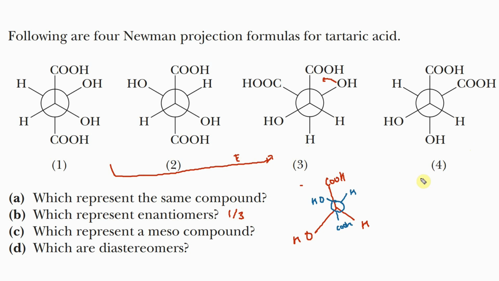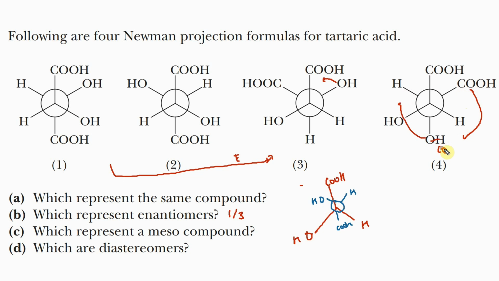Now what about 4? So see, COOH is on the top, OH is here, OH here. Now I take COOH and then I'm going to rotate it. Okay, rotate it. We need to bring COOH down here, and when it comes down, OH goes here, correct? COOH comes down, OH goes here.